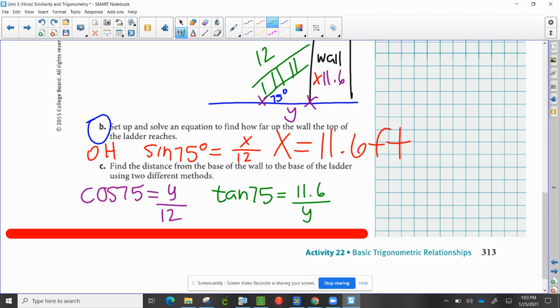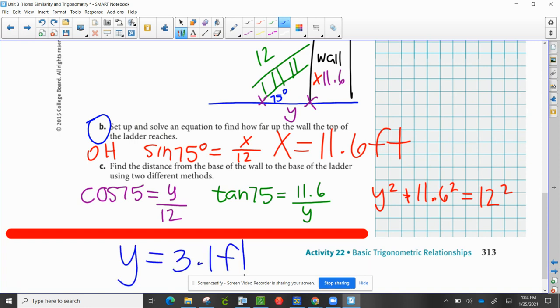Okay. Or a third way to do it is if you use Pythagorean theorem. So y squared, okay, plus 11.6 squared is equal to 12 squared. Okay. All of them are going to give you some decimal, but it's 3 different ways to do the problem. If you did it correctly, you should have gotten that y here. It was about 3.1 feet.